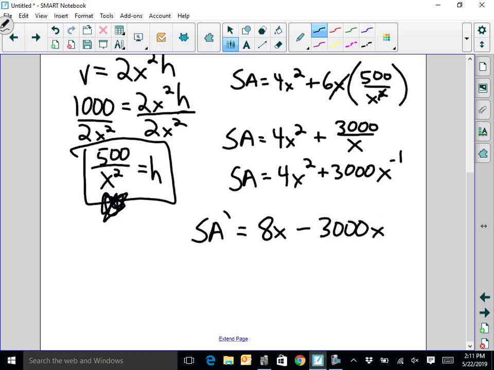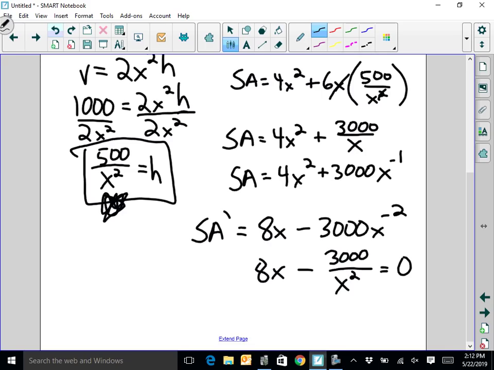I'm going to rewrite this in a way that's going to be easier to evaluate. I'm going to say 8x minus 3,000 over x squared equals 0. I do my derivative, I set it equal to 0 to find the minimum here.